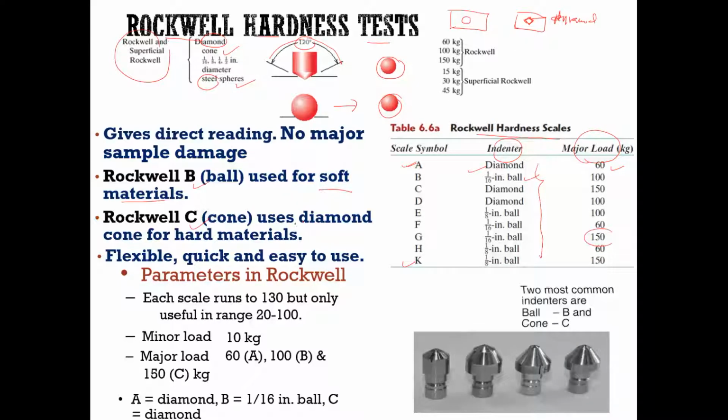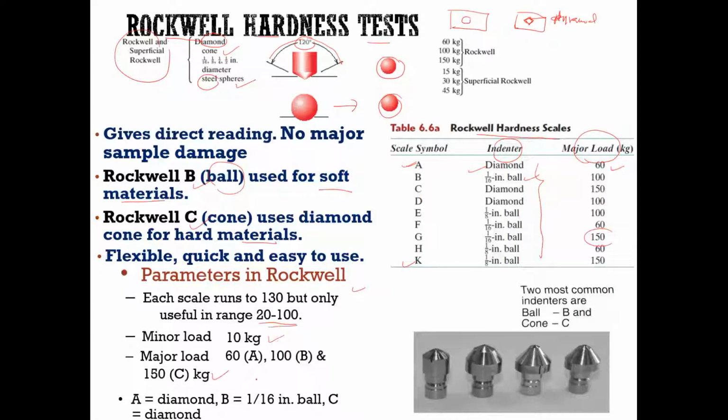Another one is the diamond cone, which is for hard material, referring to Rockwell C. So bear in mind, if your material is quite soft, you should use the Rockwell B type, which is the ball type. Then some of the parameters in Rockwell: each scale runs to 130, but is only useful in the range of 20 to 100. The minor load here can be 10 kilogram, and the major load, which is the maximum load that this Rockwell hardness can sustain, is around 150 for the C cone.